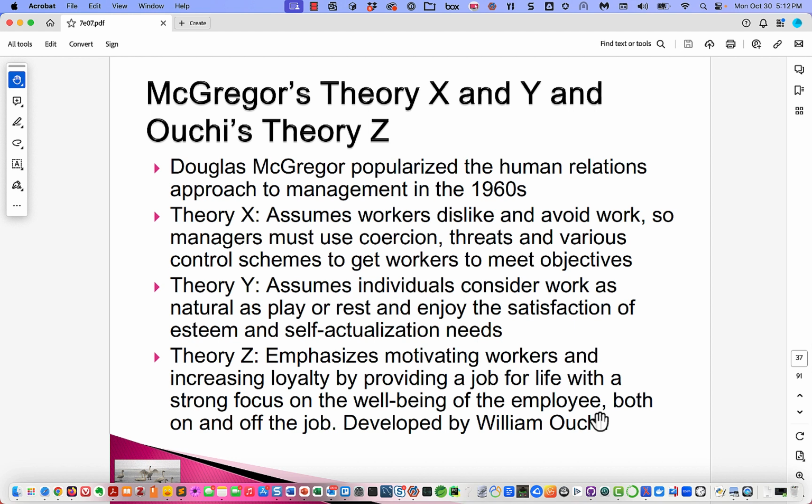I think it's meant to be an alternative to this XY dichotomy. That this will work even for work that is not particularly appealing if we treat the worker the right way.